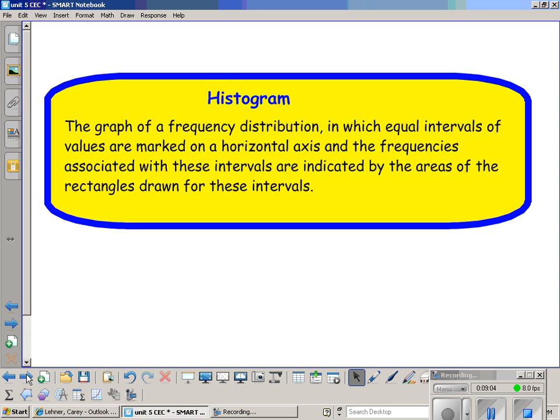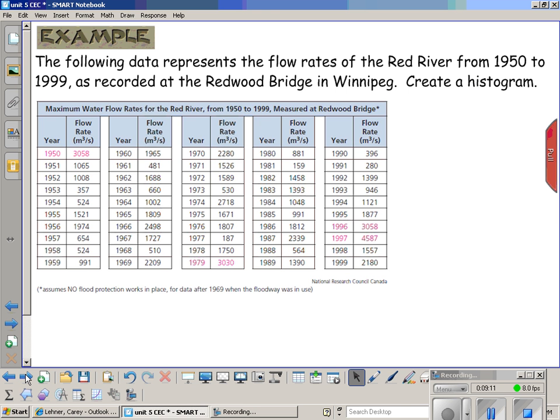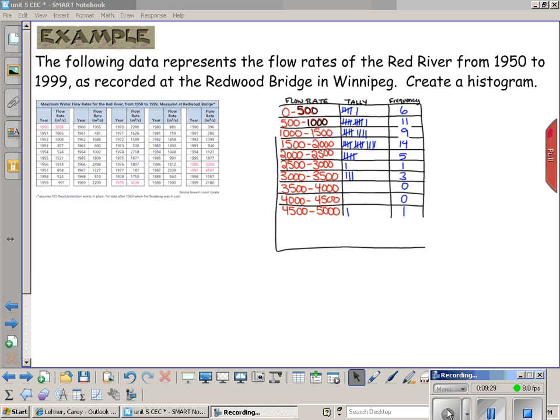So if we want to create a histogram, we have our same amount of data here, but now maybe we choose to draw our histogram instead of just a frequency table. So we're going to go back and pull up our frequency table from the first example.